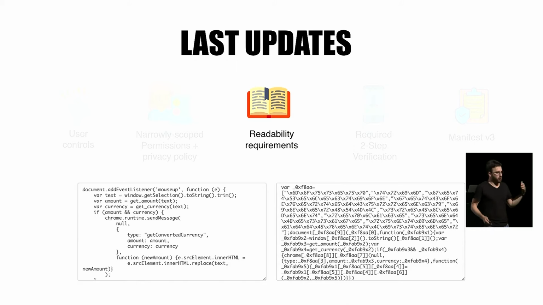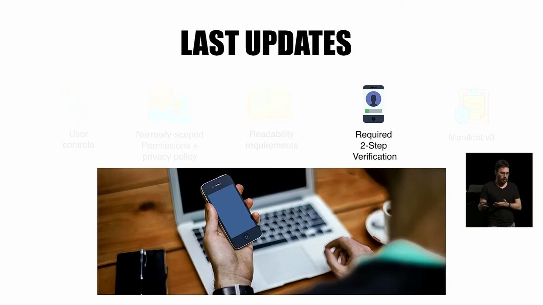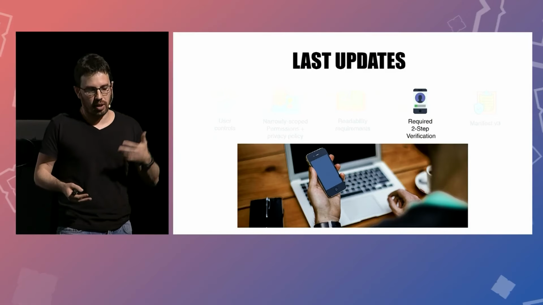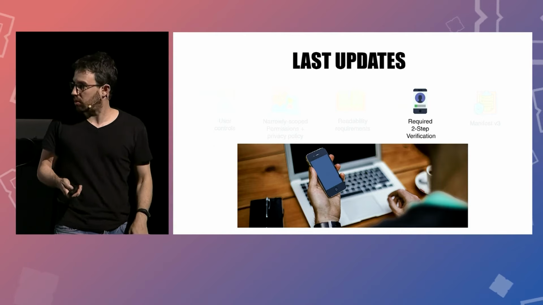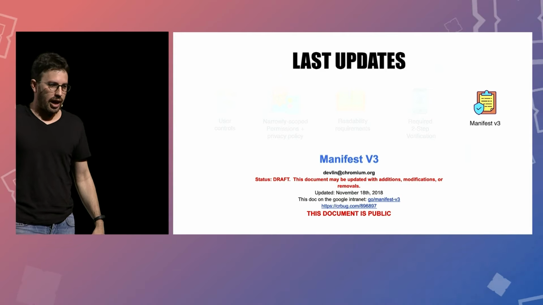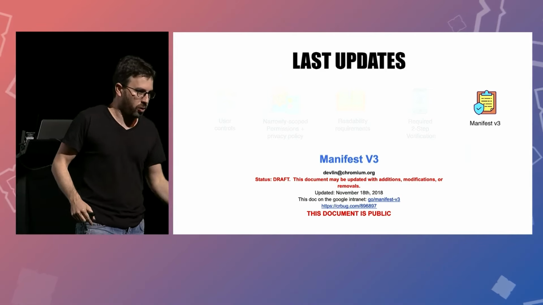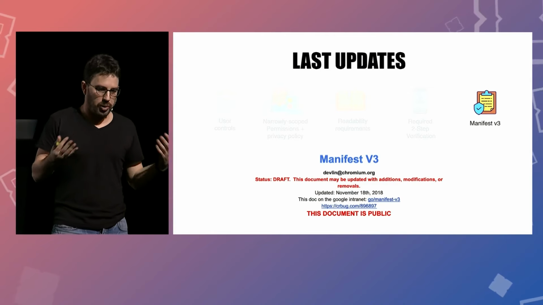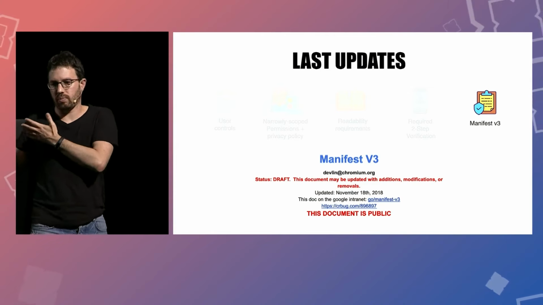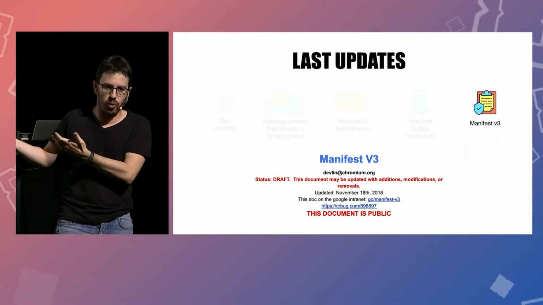They also require two-step verification, just to make sure that your extension is not hijacked by malicious hackers who could then push their malicious code. And they added Manifest V3, which should be a huge revolution in the way permissions are built. I'm not going to talk more about this. It's a huge subject. You can go and read more.